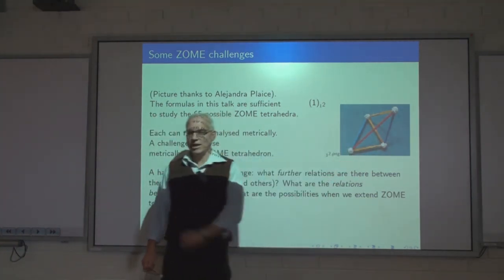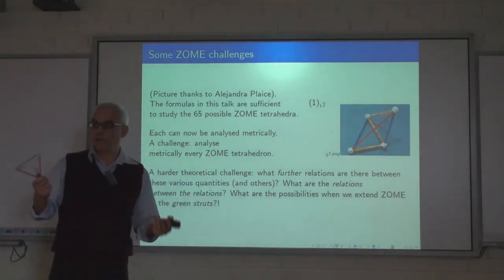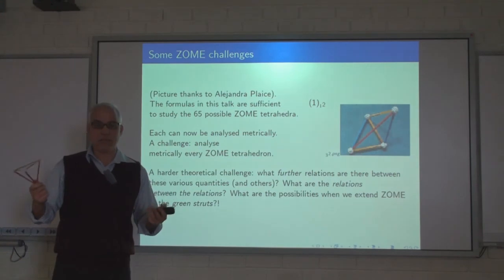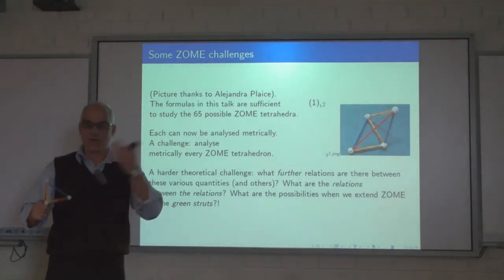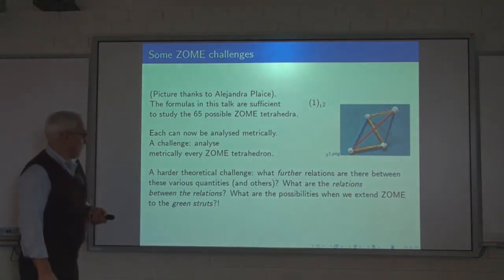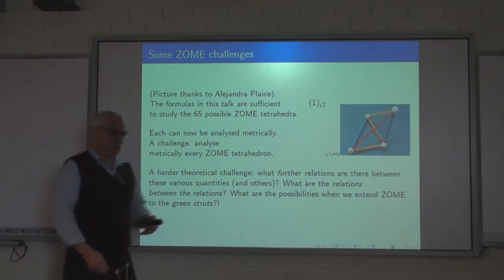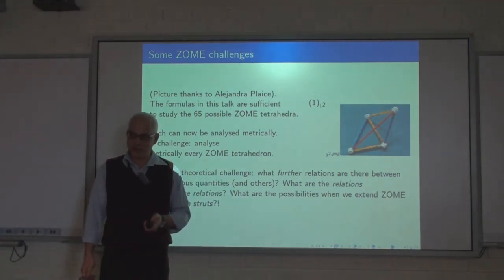So each one of these tetrahedra can be constructed and can be studied metrically. In other words, one can calculate all the spreads and the quantities that I've been talking about. And that's a challenge that I think amateurs might be interested in. Right? So there's lots of things to do, calculations to be made.